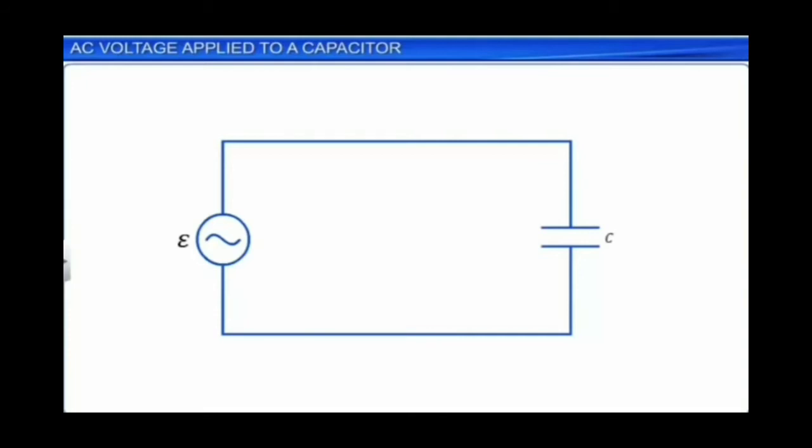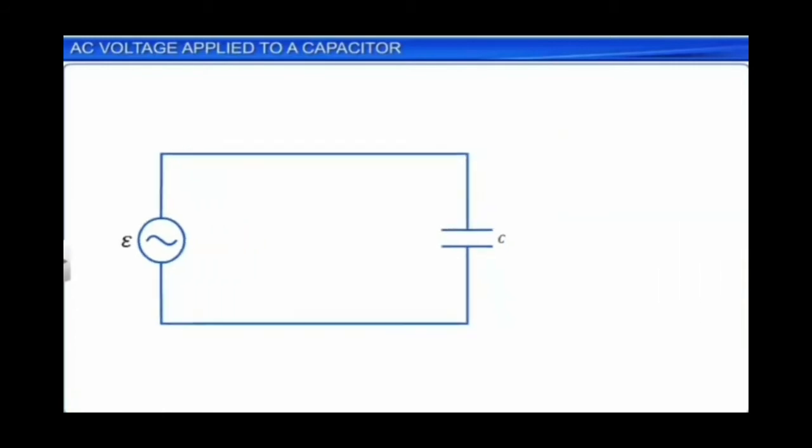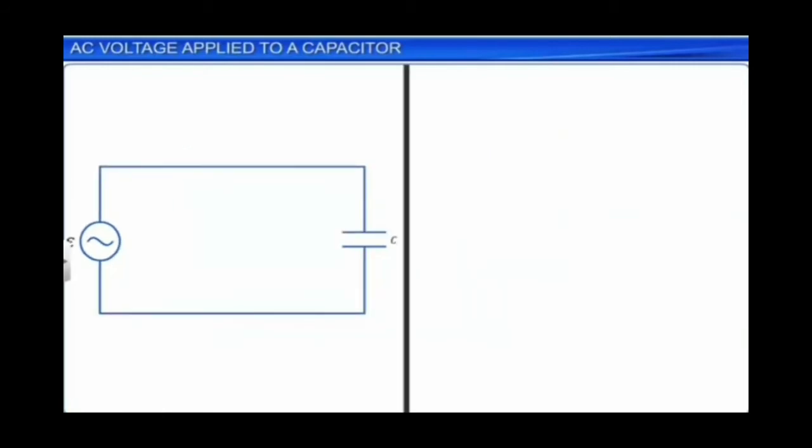So consider a capacitor of capacitance C connected to an AC source. The AC voltage which is applied across the capacitor plates is V = Vm sin ωt. And we know the potential difference across the capacitor plates is given by V = Q/C.